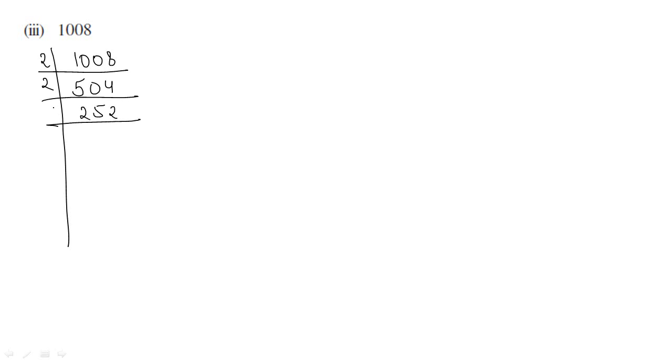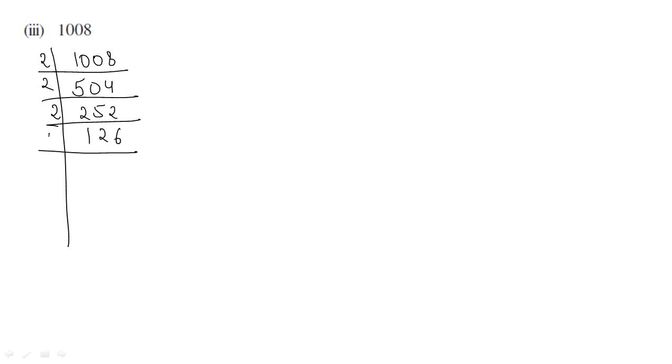Now let's see the third part, where again you have to make 1008 a perfect square. For this you have to multiply it with the smallest whole number. Now 1008 will go on to 504. Again on to 252. Again on to 126.